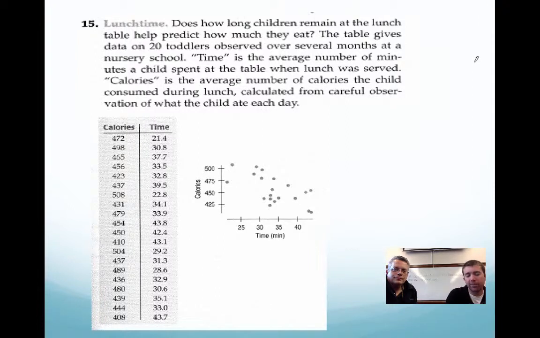Time is the average number of minutes the child spent at the table, and calories was the average number the child consumed. So it's a negative association. What they found is the more time they spent at the table, the fewer calories. You would think the more time they spent there, the more they would eat.